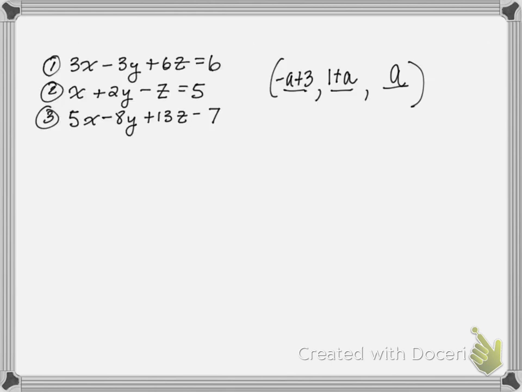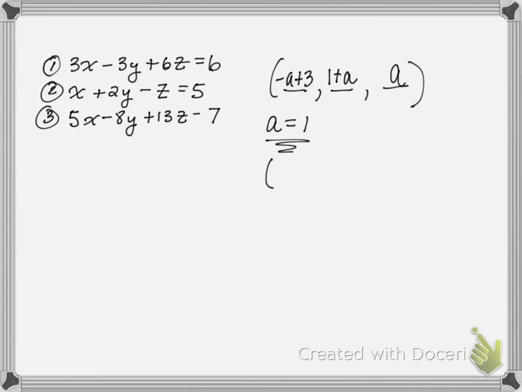And let's just be clear on what this solution means in the context of the problem that we have been looking at. If I were to say, okay, I'm going to take this situation where a is equal to 1, and then I take that and I substitute that 1 back up here, what would I get?